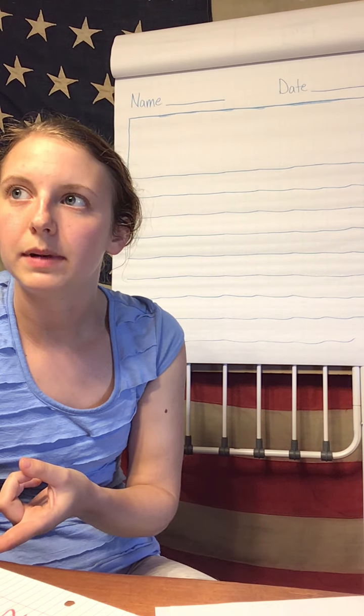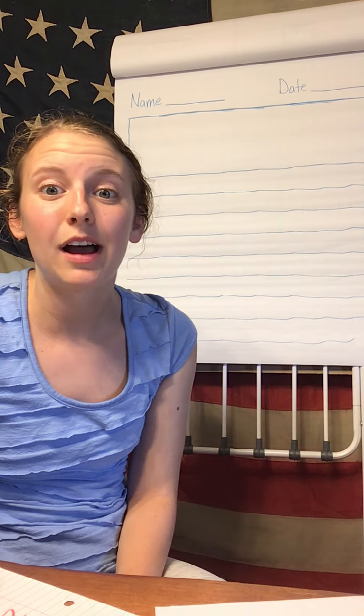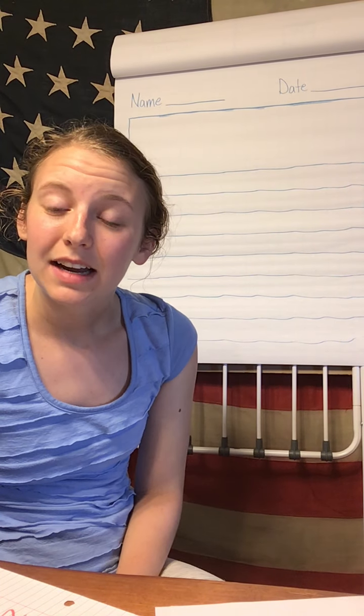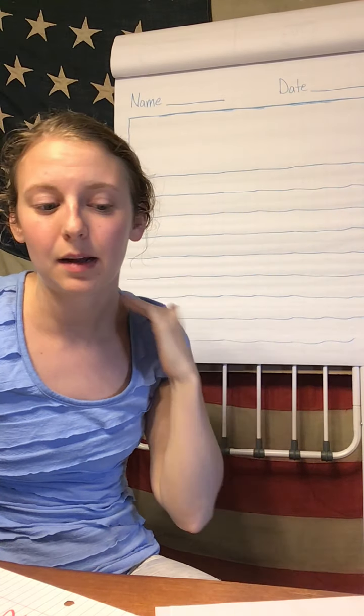Maybe you have something that you do every summer that you love to do. Maybe you go to a certain amusement park. Maybe you ride rides. Maybe you go to Texas every summer. Maybe you go to a different state. So I want you to think about what is a summer activity that you do that maybe you enjoy or would like to write about.